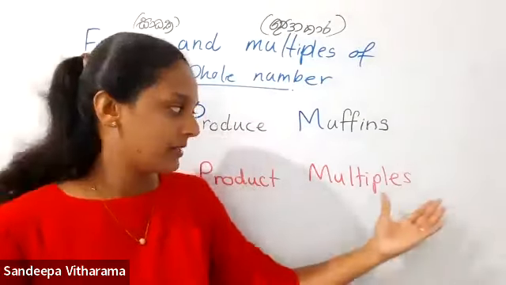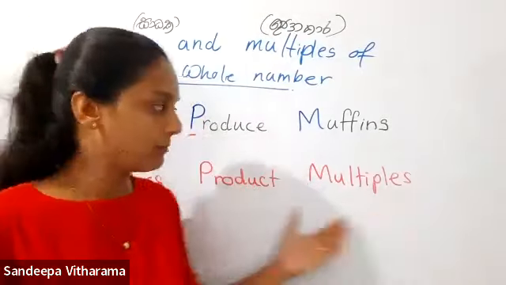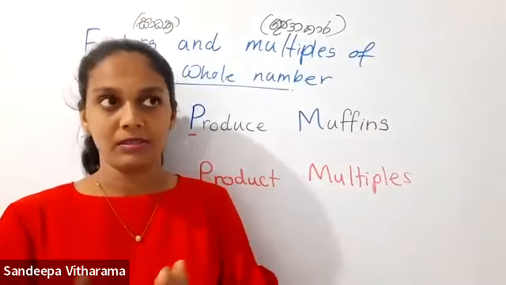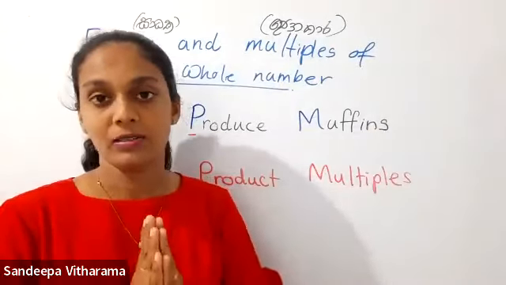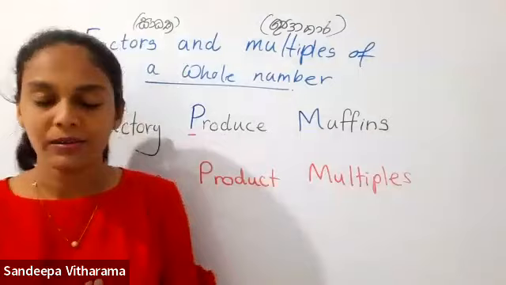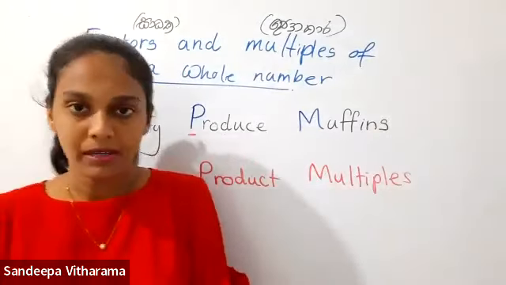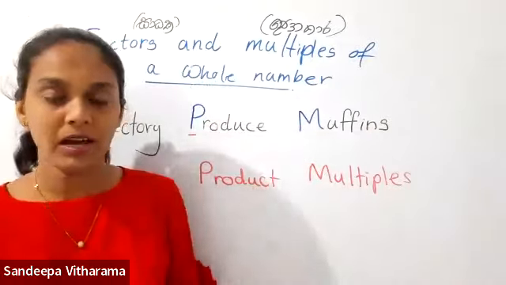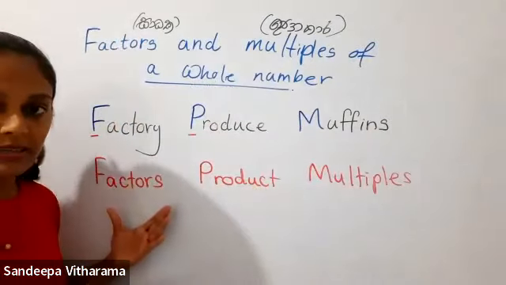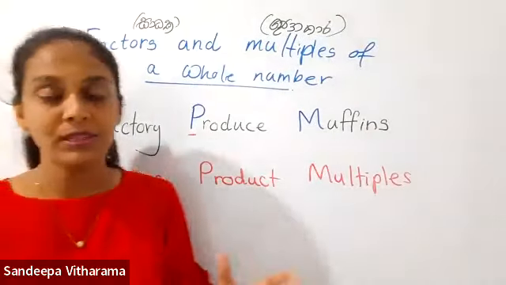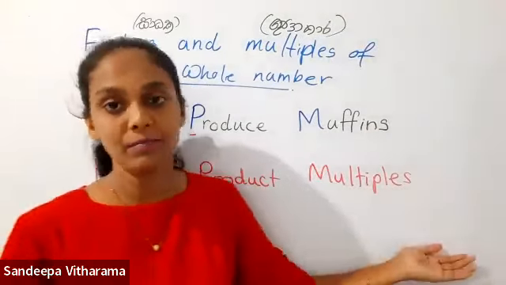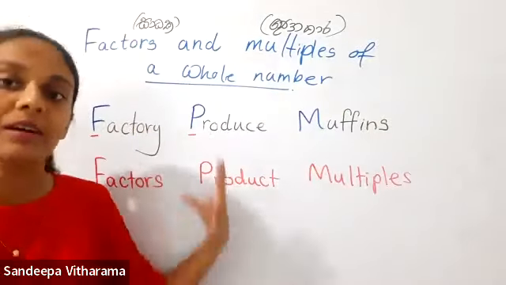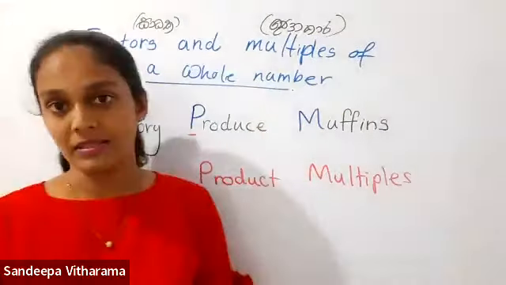Multiples are obtained by multiplying. By taking the product between two numbers, we obtain multiples. Then those two numbers are called the factors of that number.